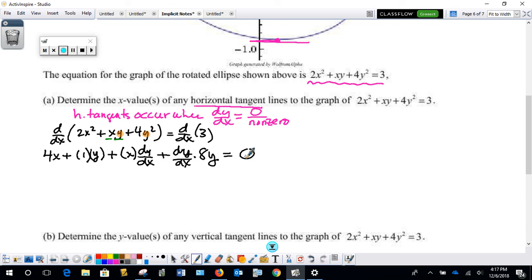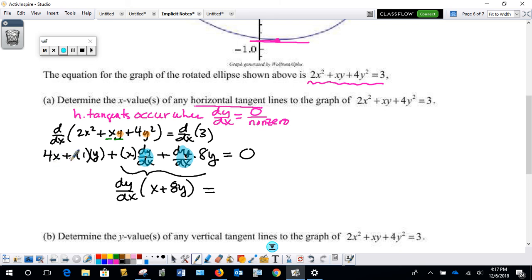I solve for dy/dx so I can get it in the right form. I'm going to do a lot of this in as few steps as possible. These dy/dx terms are on the same side, so that's nice. I don't have to move them, they're already there. I'm going to go ahead and factor the dy/dx out: (x plus 8y).